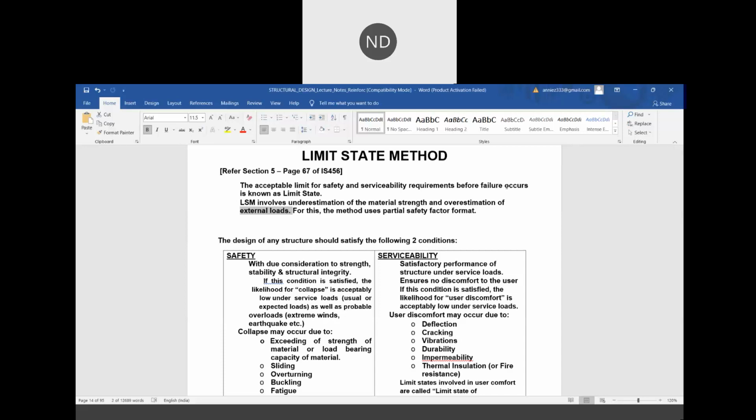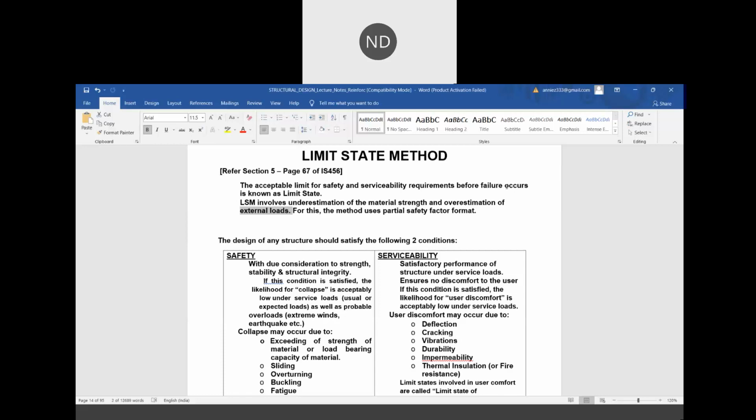You have to give that serviceability, so that your building survives for 50 years. We will design it in such a way that it can take maximum load.